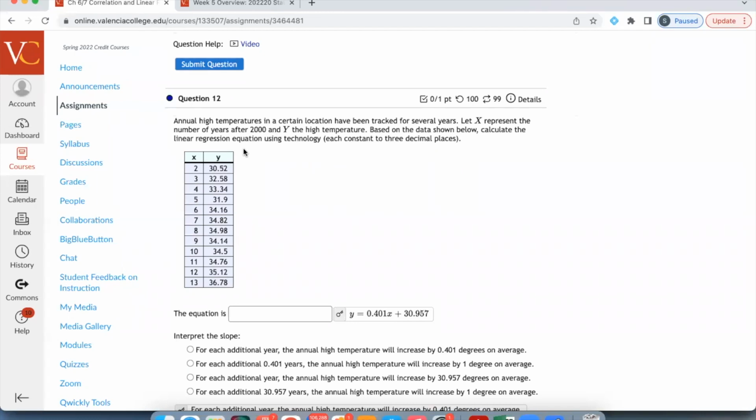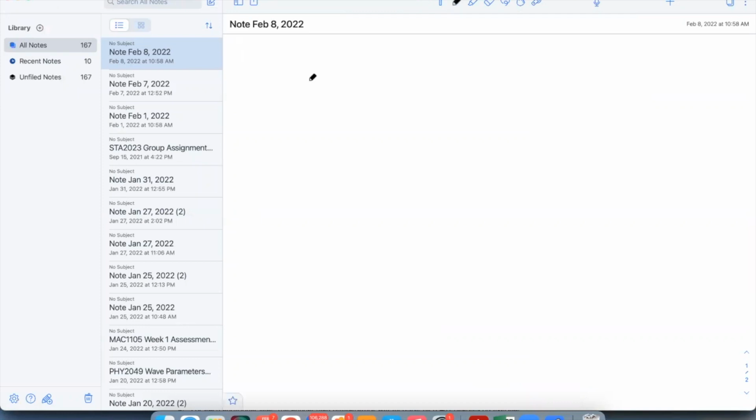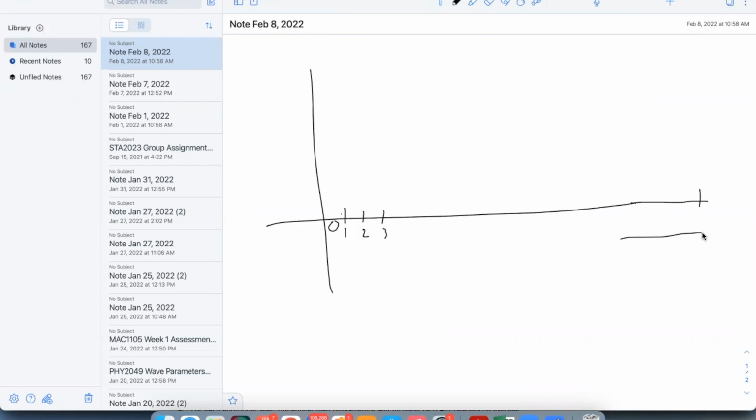So if I actually use the years 2002, 2003, and so forth, and I'm drawing, say I'm plotting my points, this is 0 right here. If I wanted to plot stuff like 2002, 2003, and so forth, if I'm going by ones, 1, 2, 3, imagine where 2002 would be. It would be way over there.